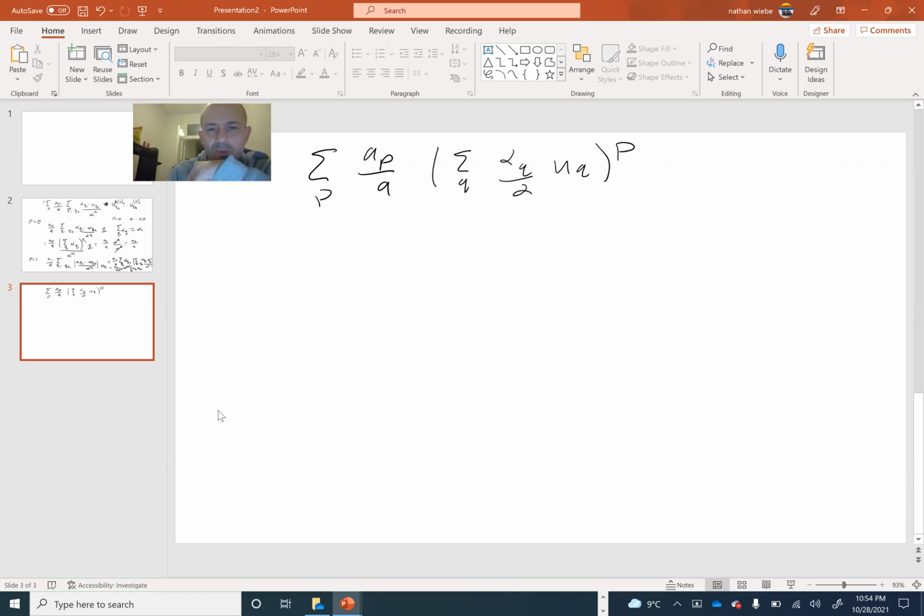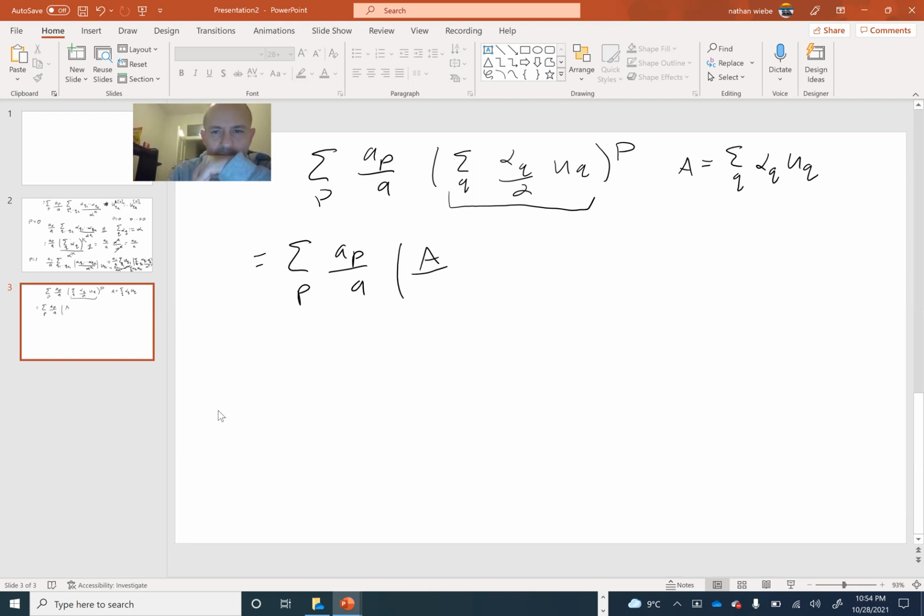And so now, noting all of that, we see that this summand inside the power is actually just equal to, by definition, since A is equal to the sum over Q, alpha Q, UQ, this is just equal to A over alpha, which is equal to the sum over P, A sub P divided by A, over alpha to the Pth power.